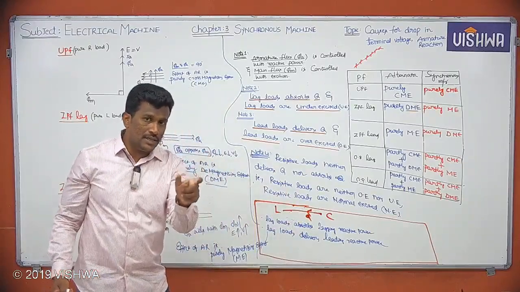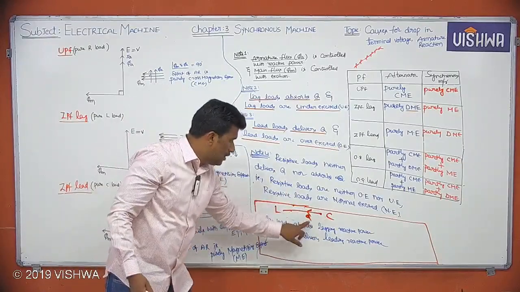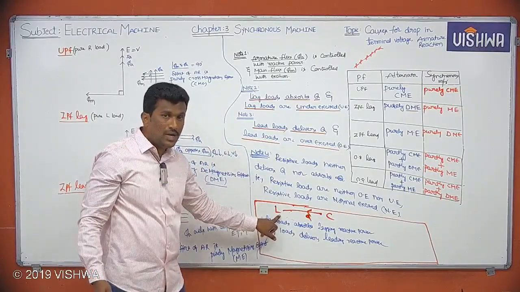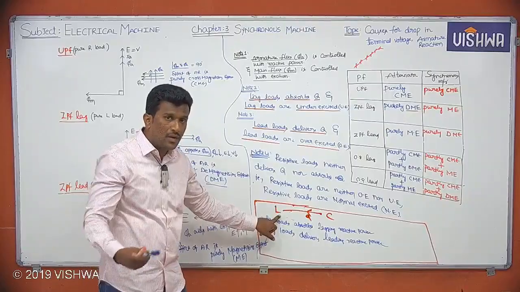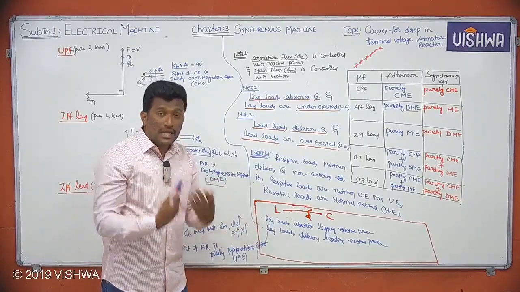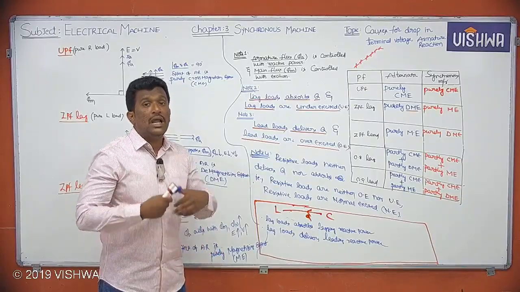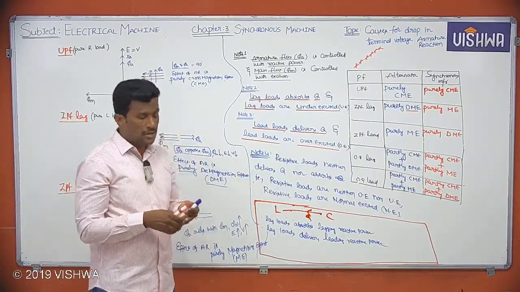If you want me to say lead load delivers reactive power, what type of reactive power do we have to write? Lead load delivers, and this reactive power is coming towards lagging nature, towards the L load, towards the lagging load. That means lead loads deliver lagging reactive power. That word is very important.